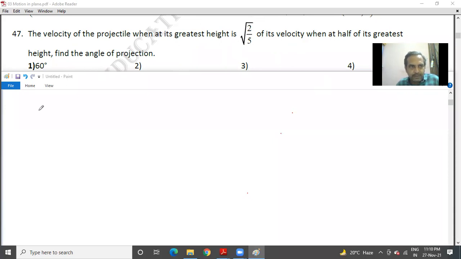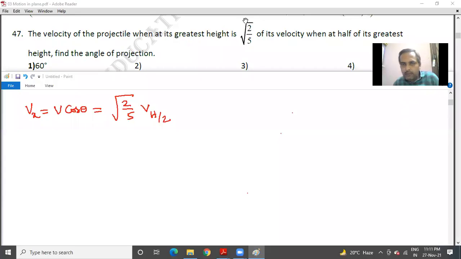So here it is mentioned that the velocity at the greatest height, if the initial velocity is v, we can write as v cos theta. It is mentioned to be root 2 by 5 of v at half of the maximum height.